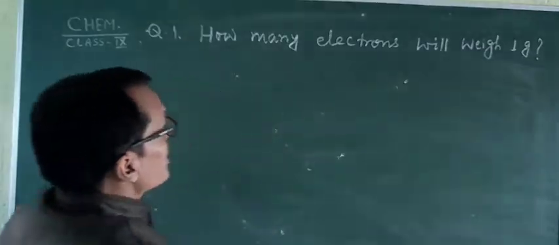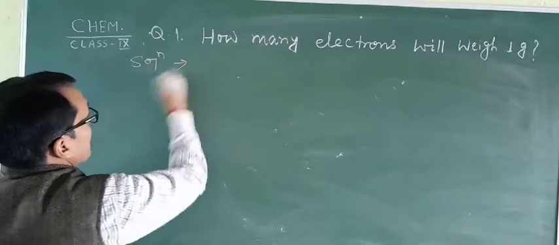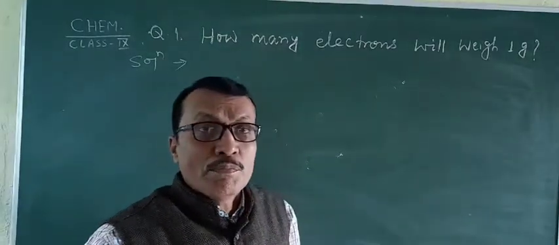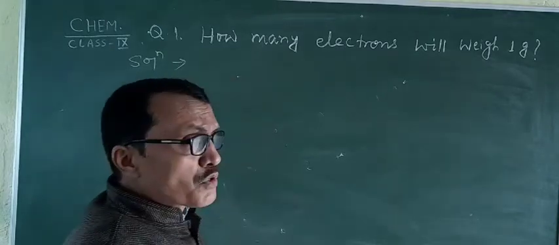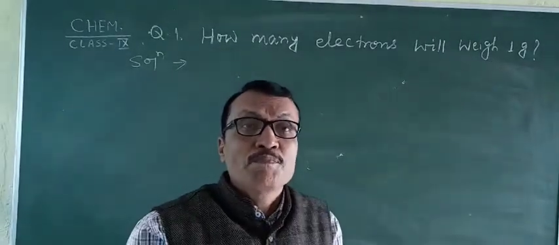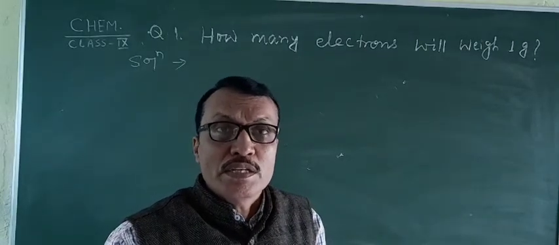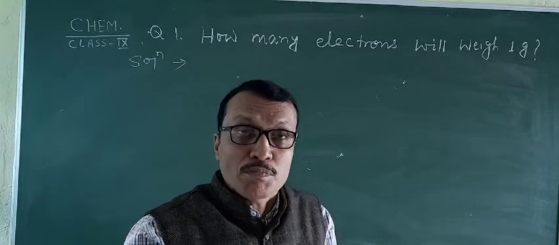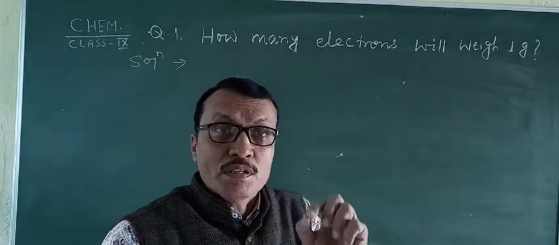My dear students, to solve this question, I want to remind you the absolute mass of an electron. So absolute mass of an electron is equal to 9.11 multiplied 10 to the power minus 28 gram. So from here we will start solving the problem.